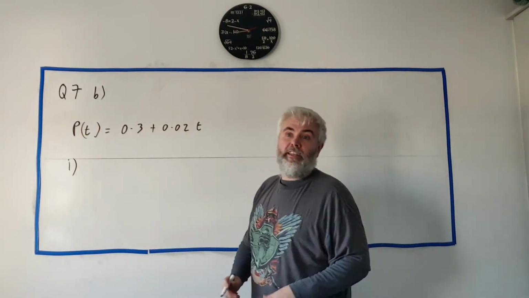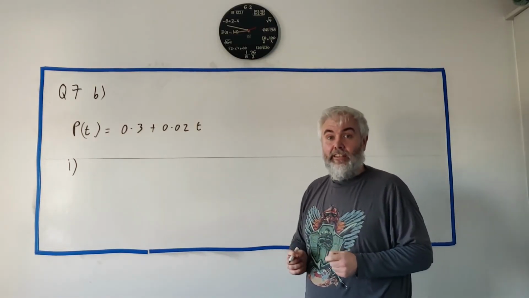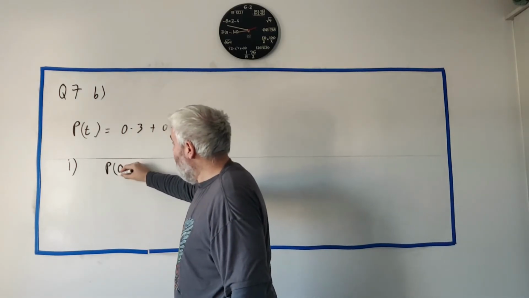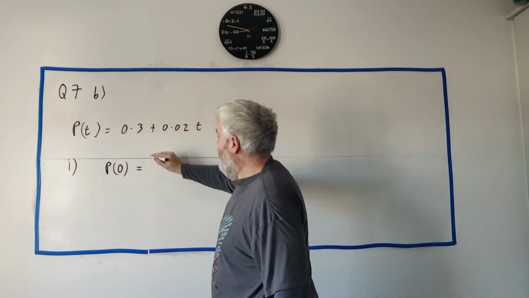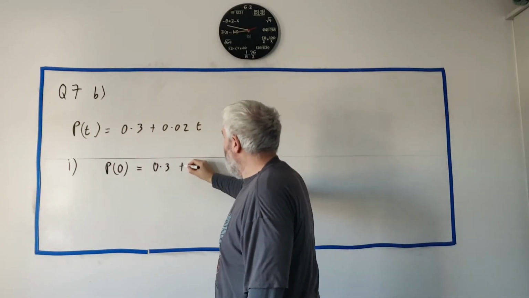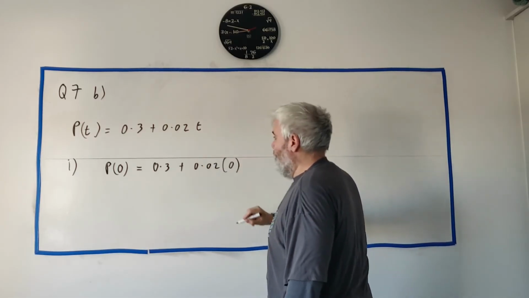In part 1, they ask us to find the probability that it rains at the start of the day and the end of the day. And they help us by explaining that's P0. P0 is the start of the day. So we're going to put that in, equals 0.3, nothing changes there, plus 0.02 multiplied by 0.